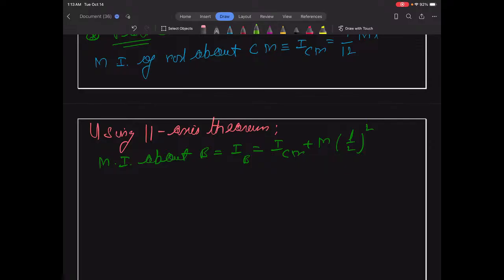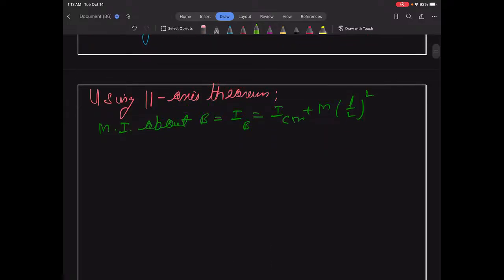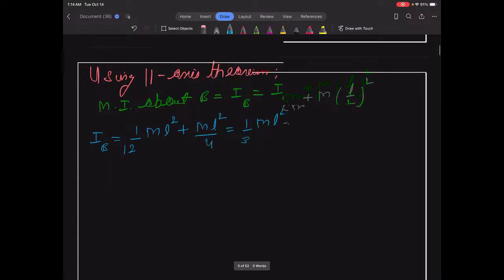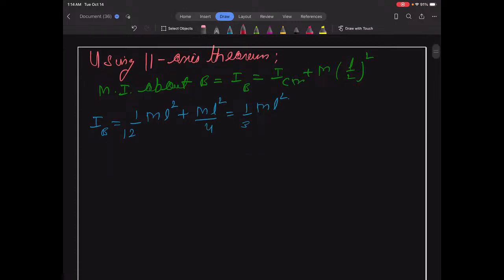D here is L/2. Substituting, I_CM is 1/12 ml square, plus this comes as ml square upon 4, which gives us 1/3 ml square. This is also a standard formula for the moment of inertia about the end of a rod. Now we can find our angular acceleration, which is our final requirement.